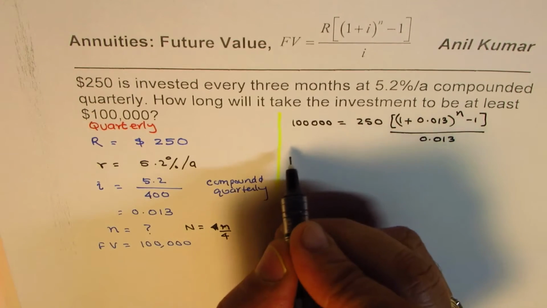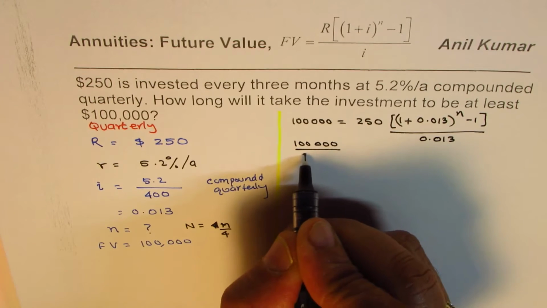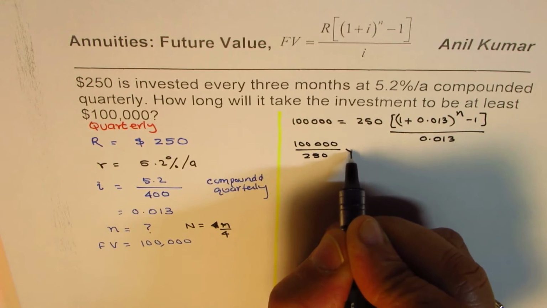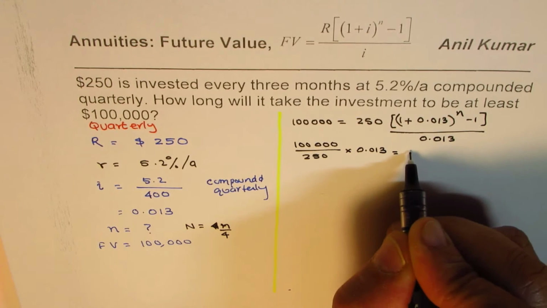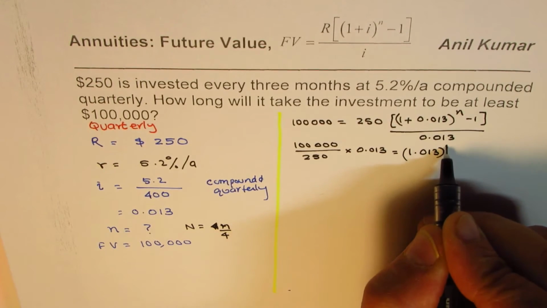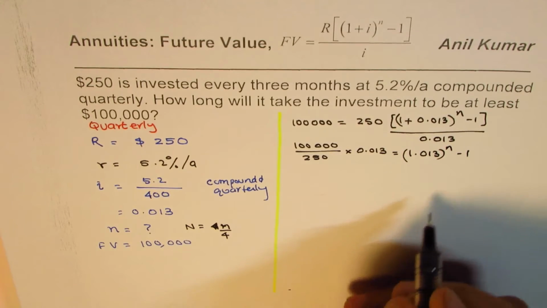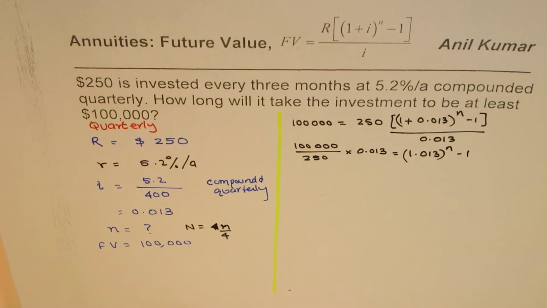So we can cross multiply. So we have 100,000 divided by 250 times 0.013 equals 1.013 to the power of n minus 1. And we can bring this 1 to this side. So let me calculate this and then we'll add 1.